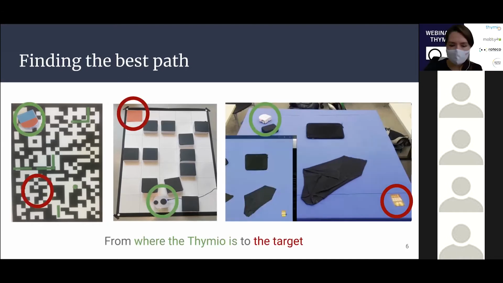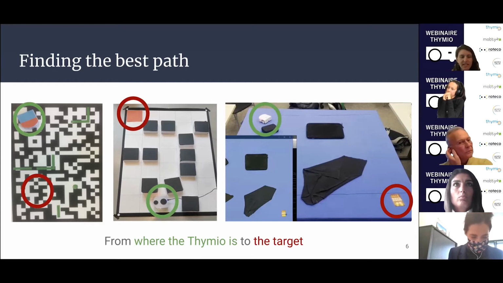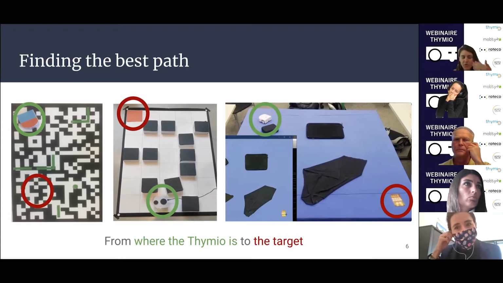As I mentioned, we needed the students to find the best path from where the Thymio is to the target. The Thymio here, I've circled it in green, and you can see that they had different ideas on how to identify the robot. Here they were using the camera, for example, with a blue patch and a red patch, both to help figure out where it is and how it's oriented.